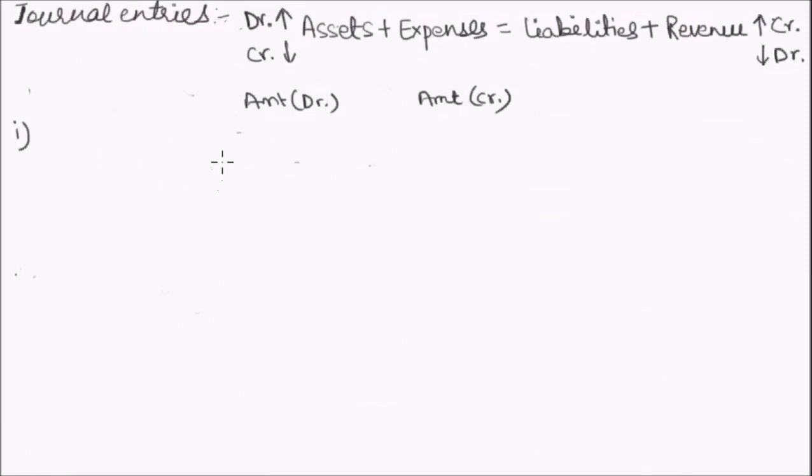Now, as cash is an asset, any increase in cash would be debited, and as capital is a liability, any increase in capital would be credited. So our journal entry would be cash to capital, that is 1,50,000.